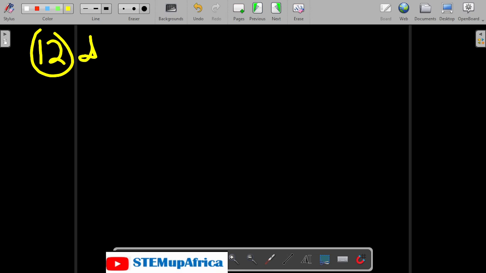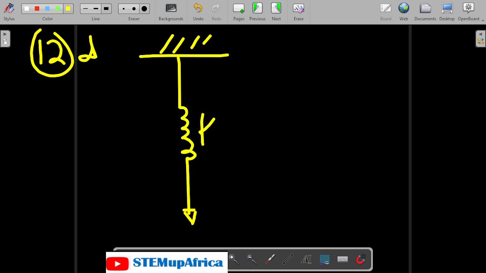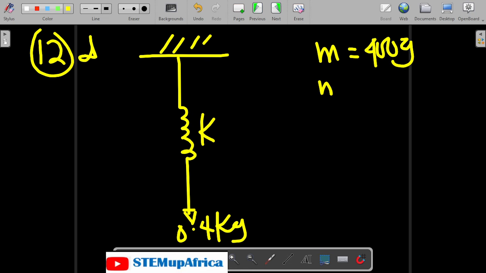Like I said, I like illustrating my question with a diagram. The spiral spring contains a spring constant, here's our k. At the end of the day, we have a mass of 0.4 kilograms. The mass is given to us as 400 grams. We convert it to kilograms, which is 400 divided by 1000.